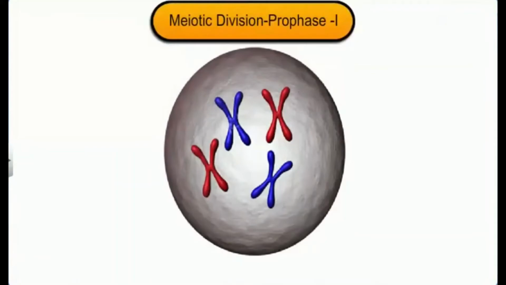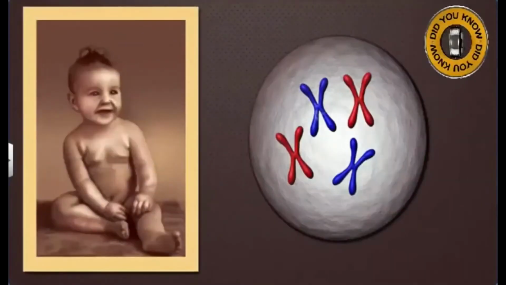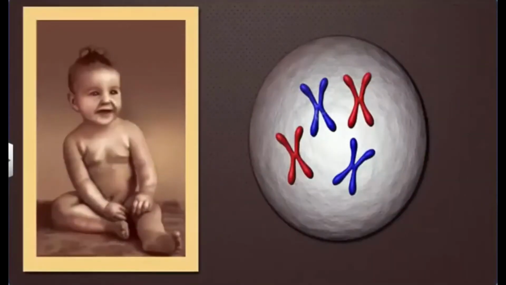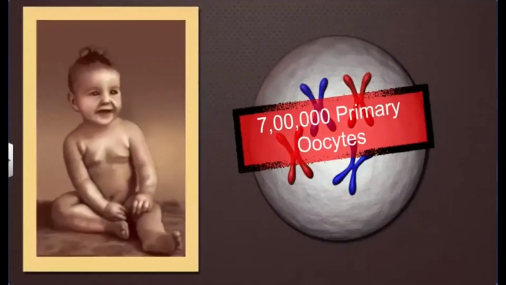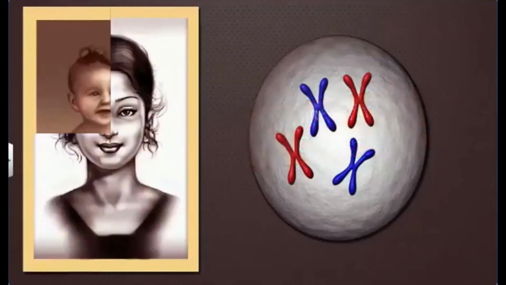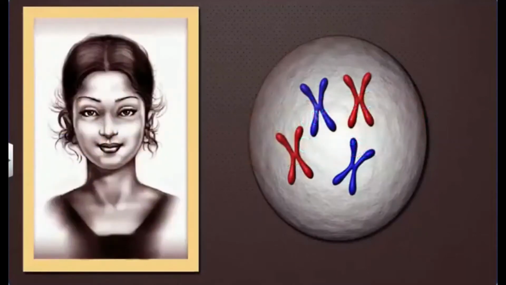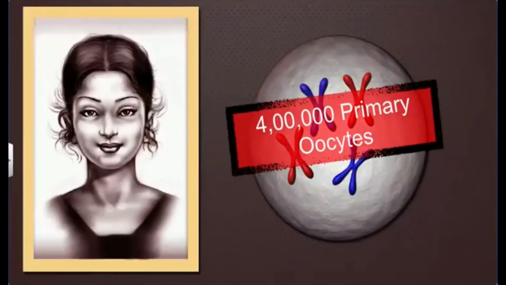Did you know, at birth, a woman has approximately 7 lakh oocytes? Incidentally, no oocytes are formed after birth, but by puberty, most of the primary oocytes degenerate, leaving only 4 lakh in the ovary.